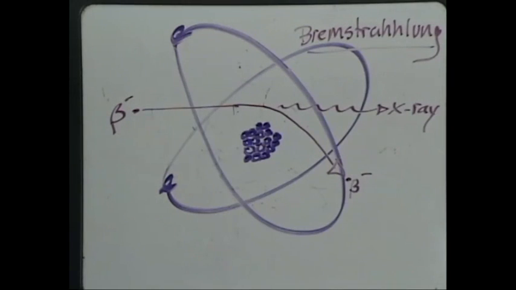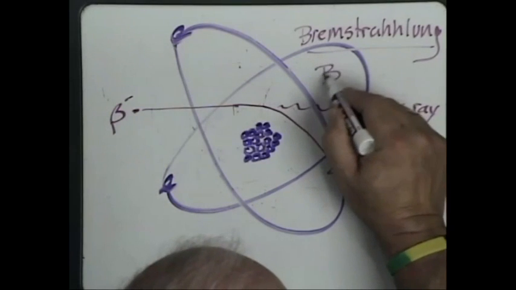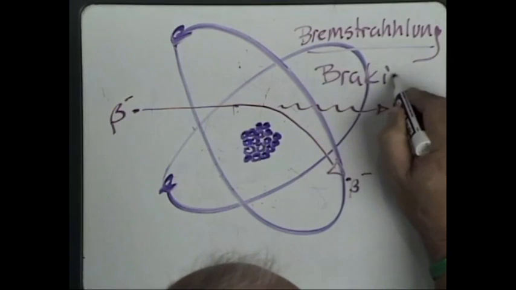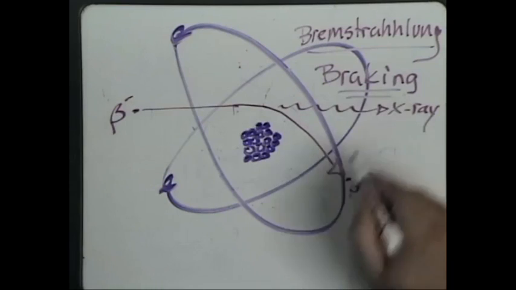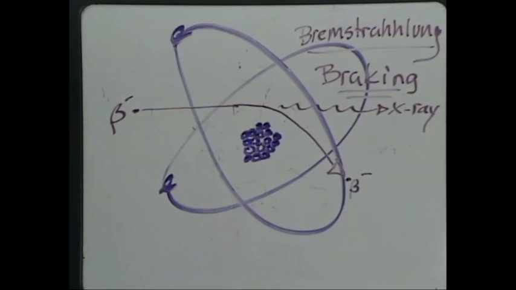What it stands for is braking radiation, or slowing down. It's energy radiation that's emitted as a result of that high energy beta particle coming in close proximity to a large nucleus and coming under the influence of the electrostatic forces of that nucleus.